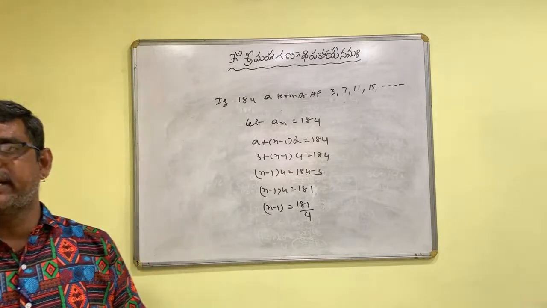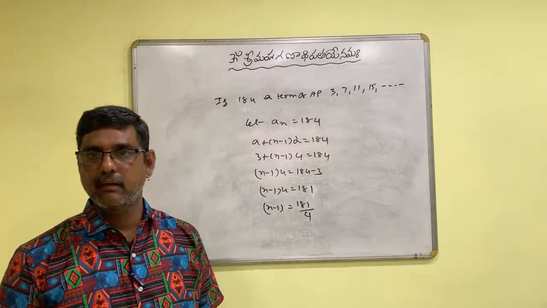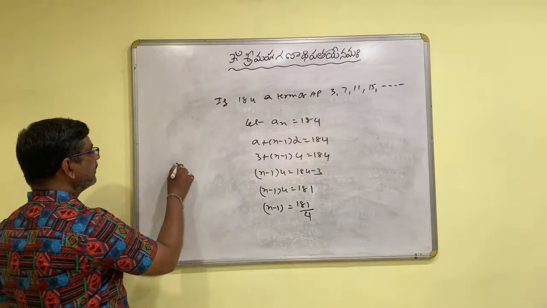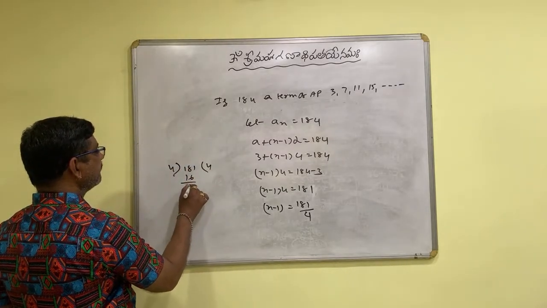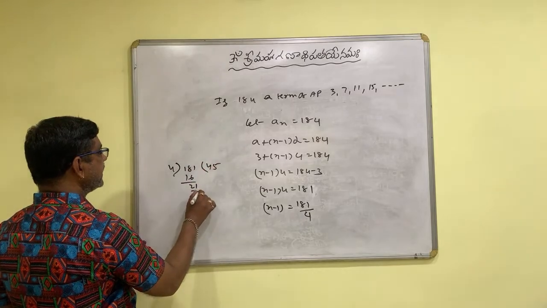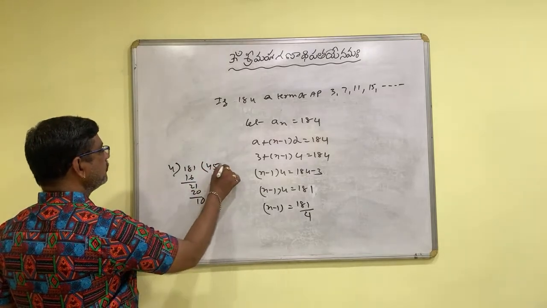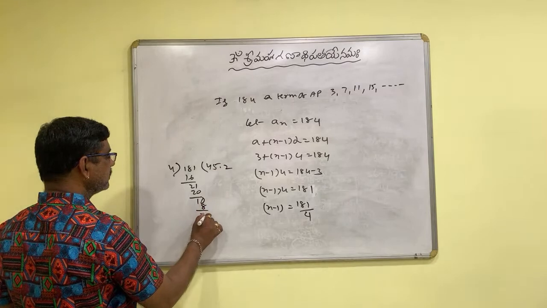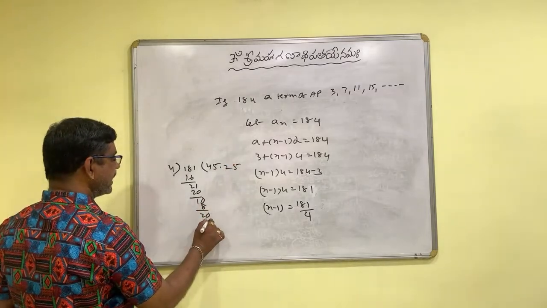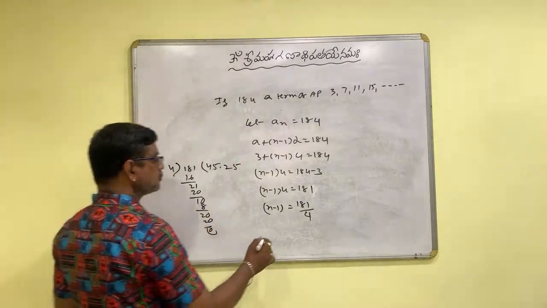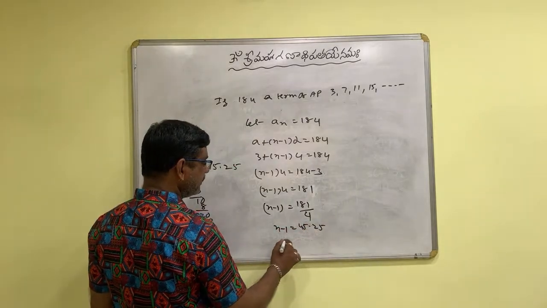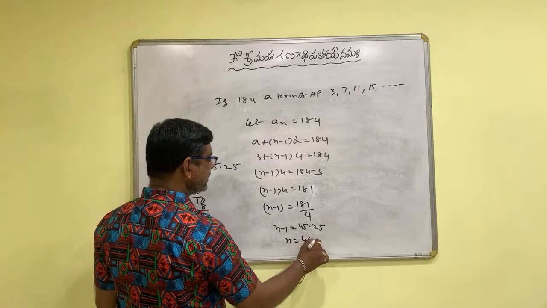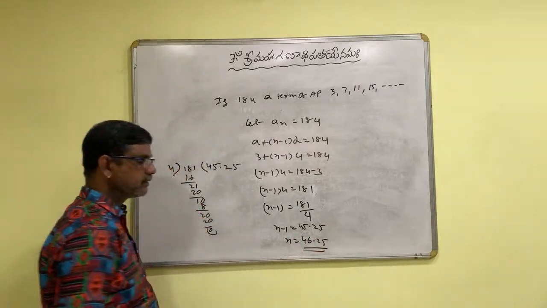Divide. 4 4s are 16, 4 5s are 20. So what do we get? n minus 1 is equal to 45.25. n is equal to 46.25.